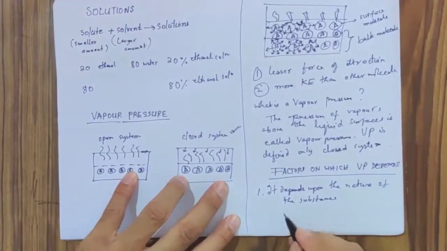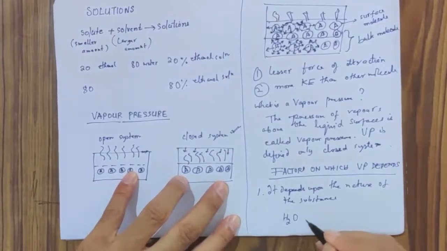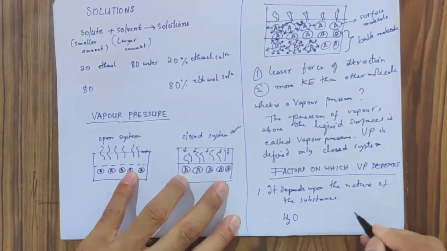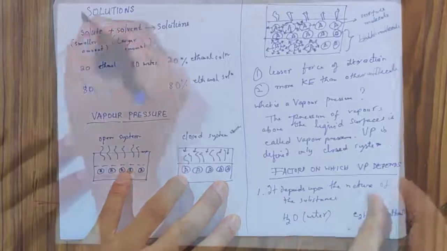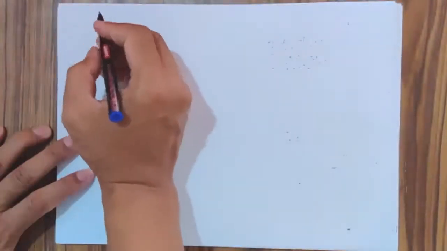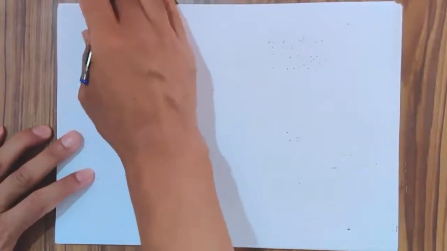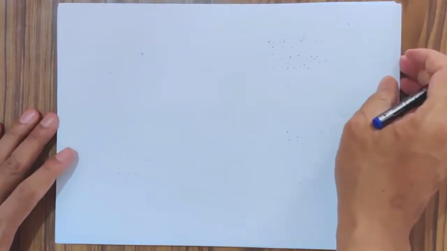Take ethanol, C2H5OH, and compare it to water. So the question is, water and ethanol, which will have higher vapor pressure?